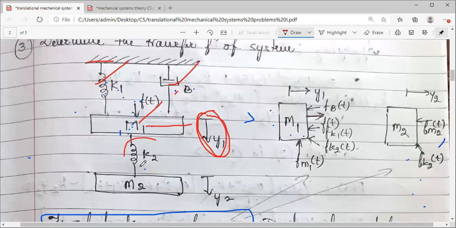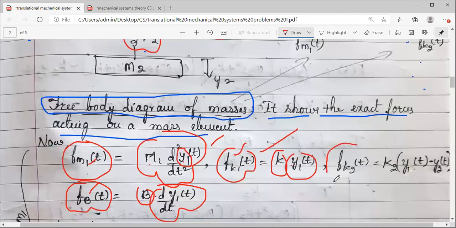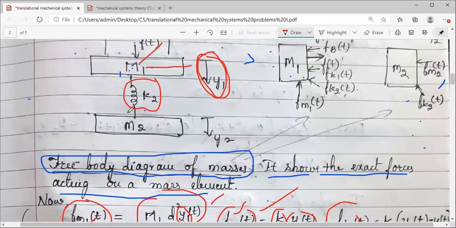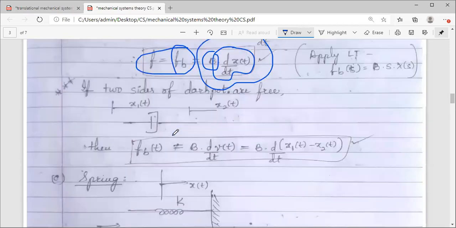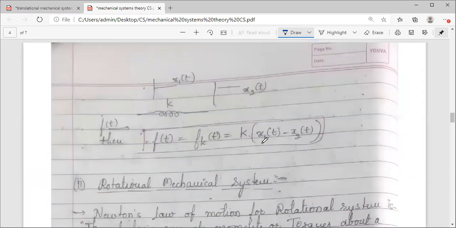Now coming to Fk2. This spring is not fixed at one end. It is free at both the ends. So for a spring which is free at both the ends, how do you write the equation? If both sides are free to move, you take x1 minus x2, right?